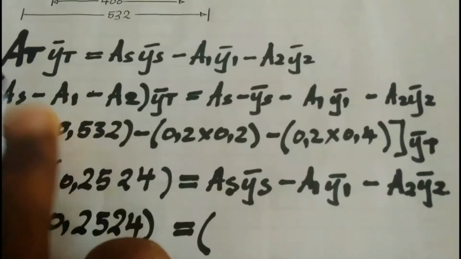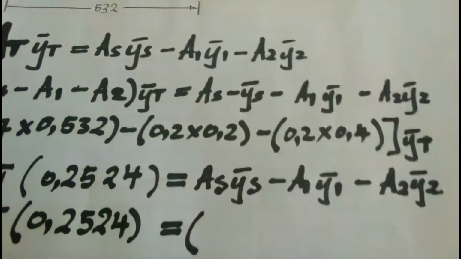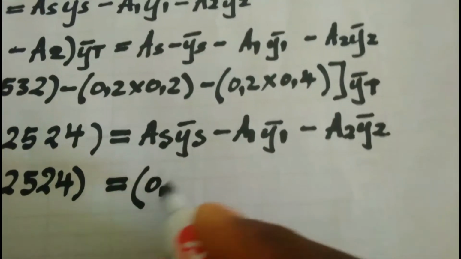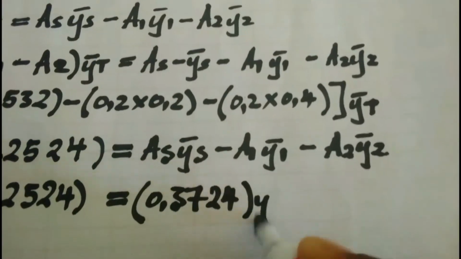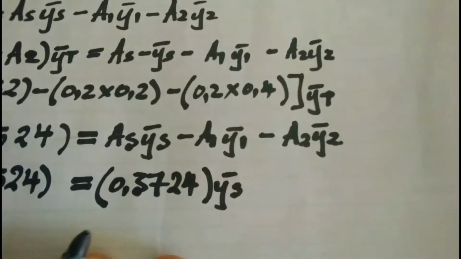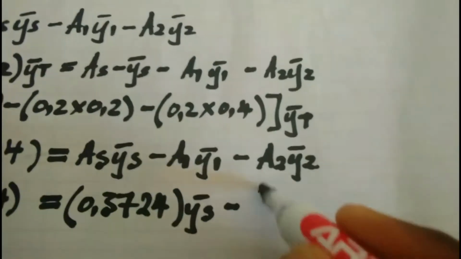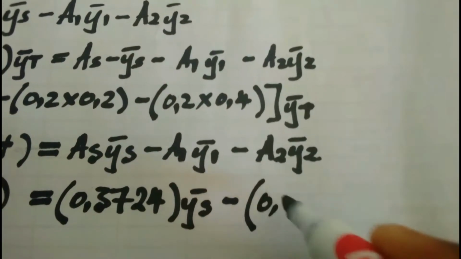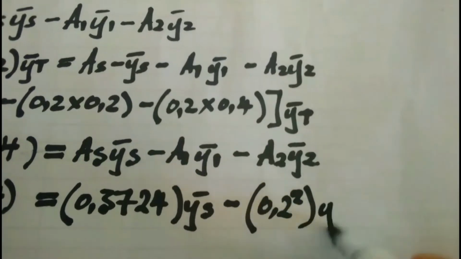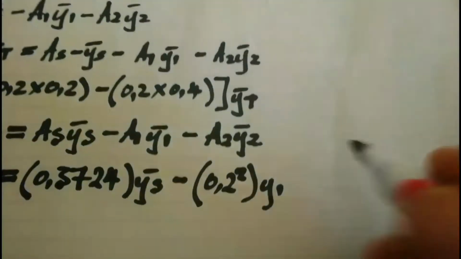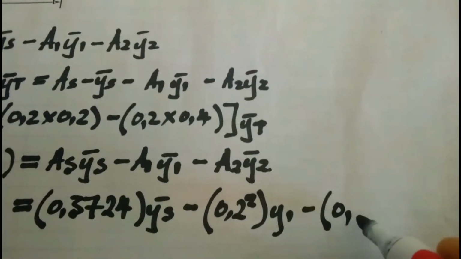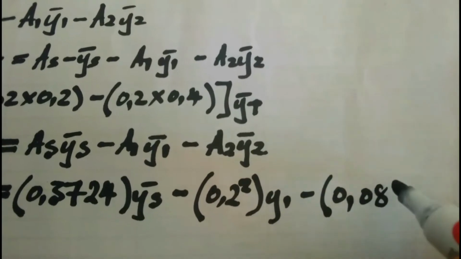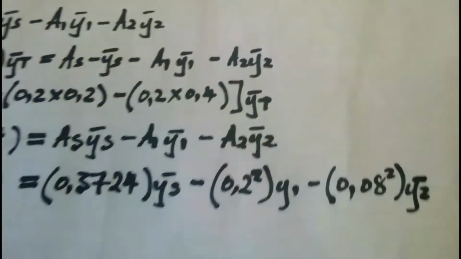So if we punch these figures individually, we got for AS 0.3724, Y bar for the solid part, and we're going to subtract for area 1, 0.2 squared Y bar 1, and for 2 it's 0.08 squared by Y bar 2, right?